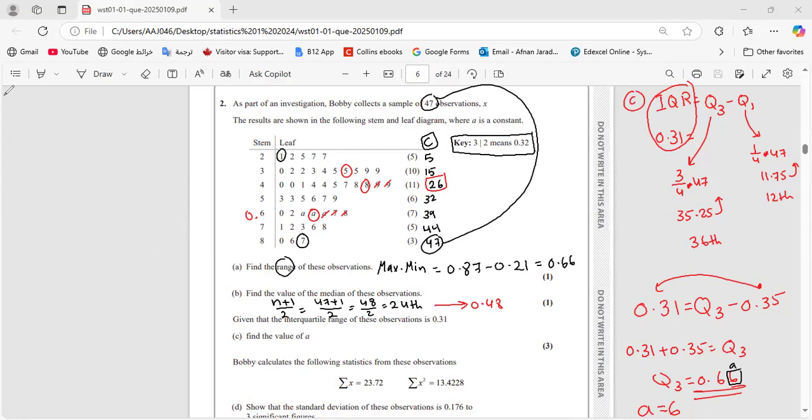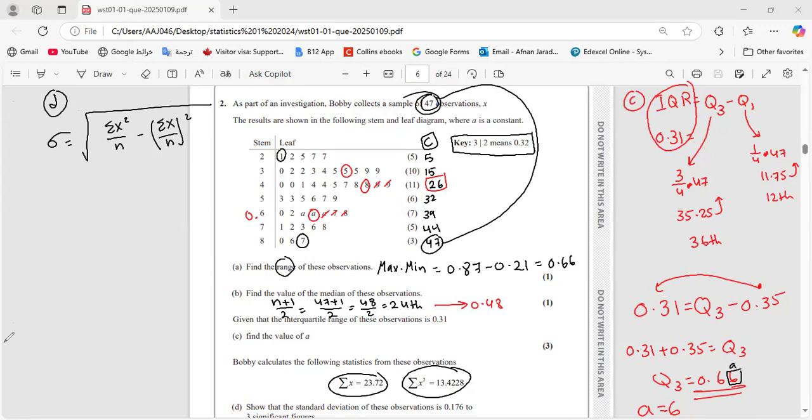Okay, how can I find the standard deviation? The standard deviation equals the square root of the sum of x squared divided by n, minus the mean squared. You have the sum of x, you have the sum of x squared, and you have n, that's 47.